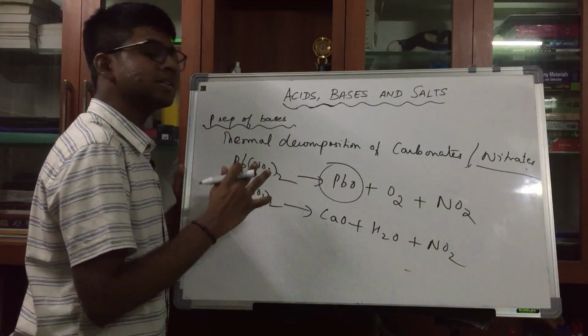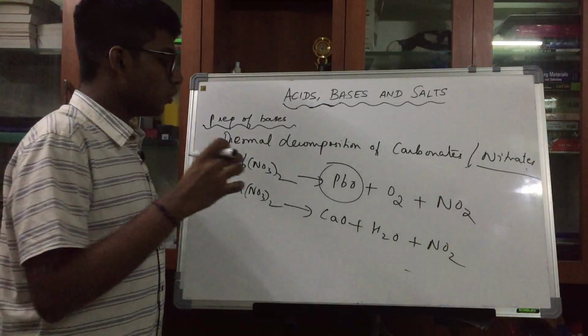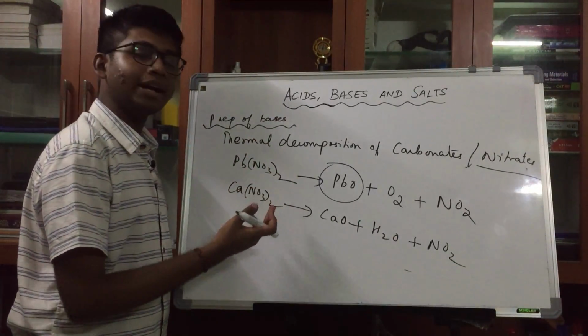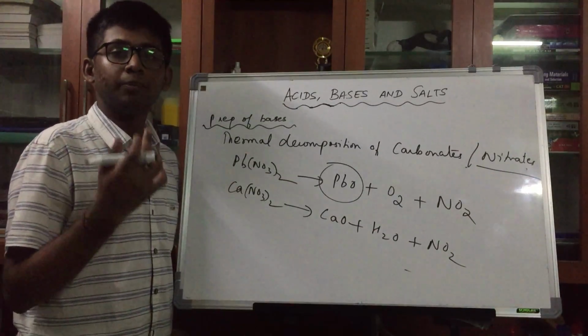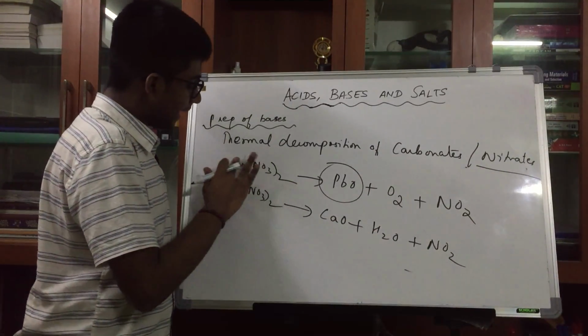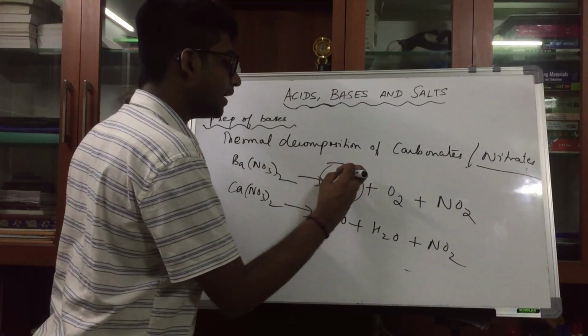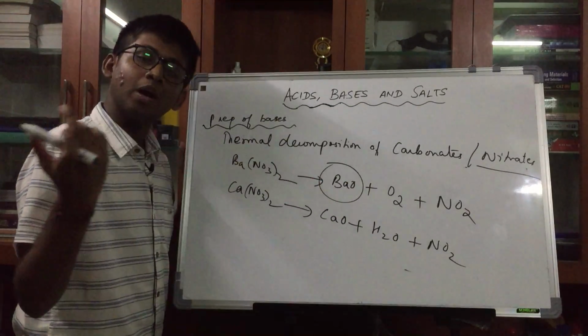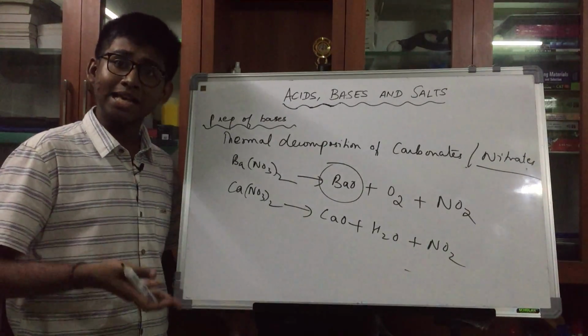Afterwards, you also know that if they ask you for a preparation of a base, you can't take this sometimes, because of the problem regarding lead nitrate: the oxide sometimes will not produce chlorine. So it's better if you choose a better cation, you can take Ba. If you take Ba, it can be better, because for PbO there are many exceptions depending on the condition or depending on the acid that you use.